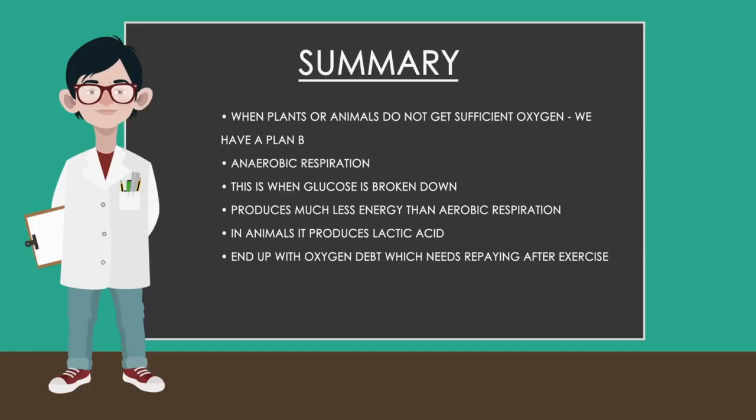This is when the glucose is broken down directly, but it produces much less energy than aerobic respiration, which is why it's the second choice. And in animals it produces lactic acid as a byproduct, which causes muscle cramps, and so we end up with an oxygen debt which needs repairing after exercise has stopped.